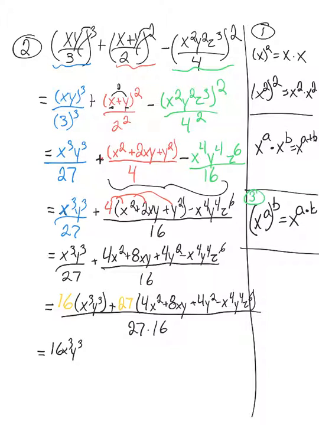Because remember, you're multiplying the 16 by the invisible 1. You're not multiplying, so you only need to have the 16 in there. You don't need to have 16 in there twice.